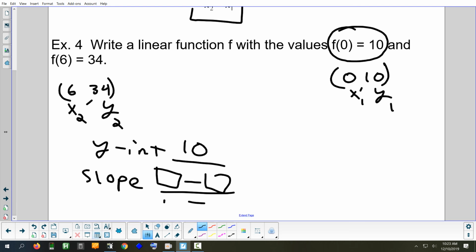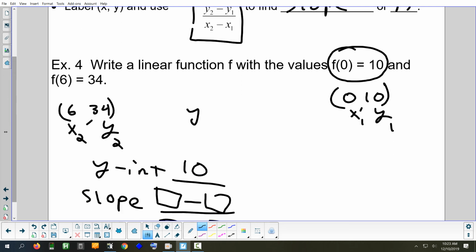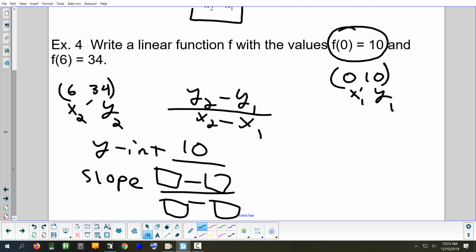Again, if you want to put the boxes, that's up to you. Okay, just don't forget your formula. y2 minus y1 over x2 minus x1. What's y2 in our problem? 34. And what's y1? 10.